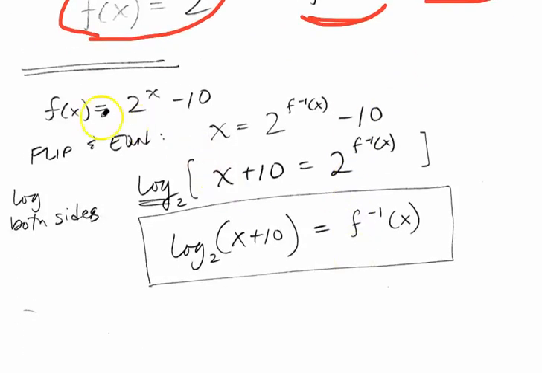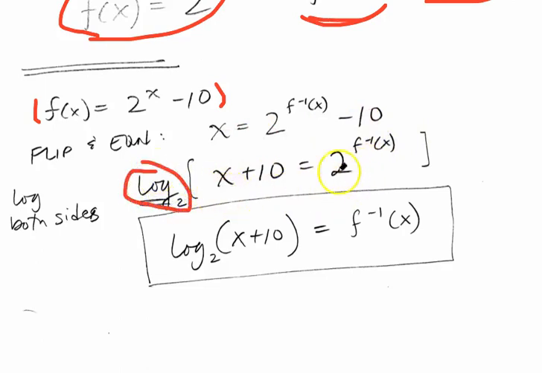So here would be our example. So f of x is 2 to the x minus 10. And you kind of see where we end up stuck here, because we can move the 10 to the other side. But at this point, we can't do anything that we've normally done, except we're going to take the log of both sides.